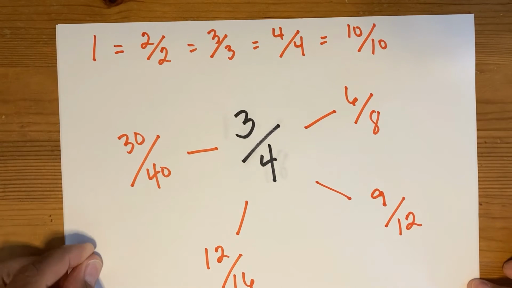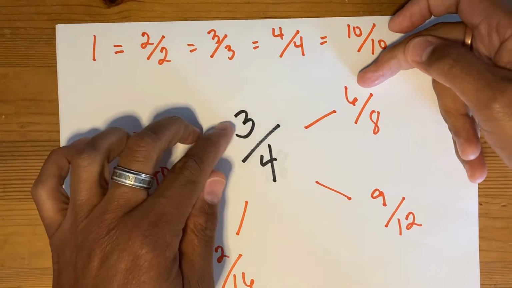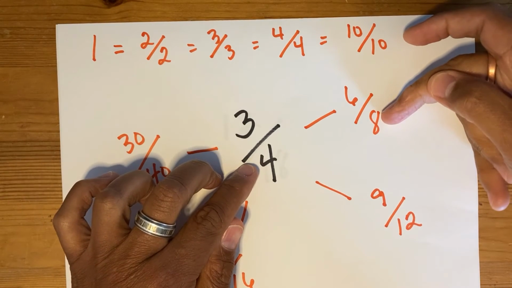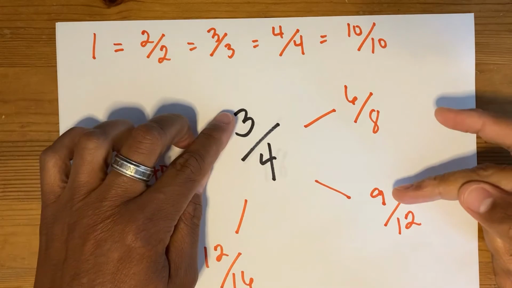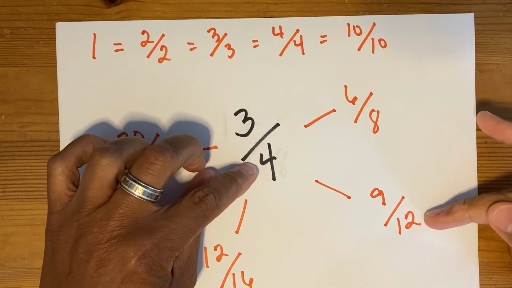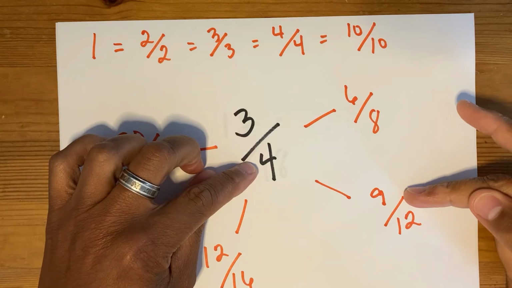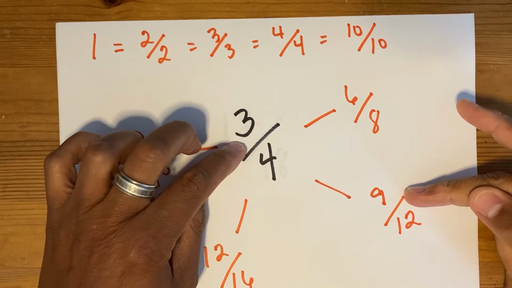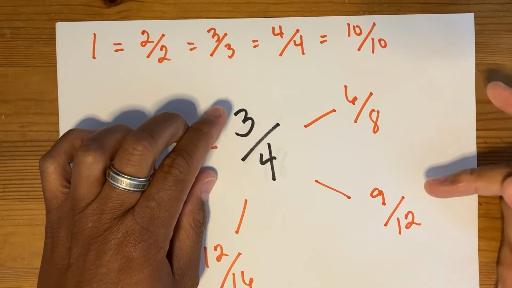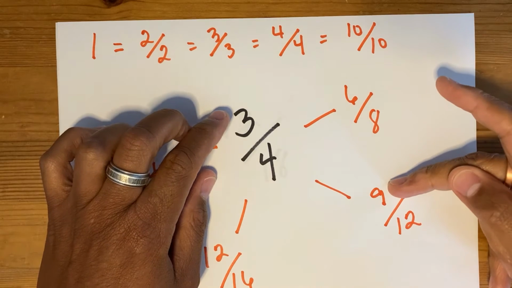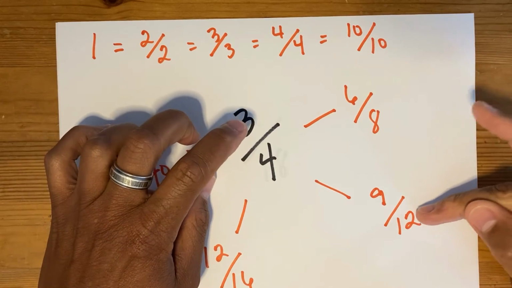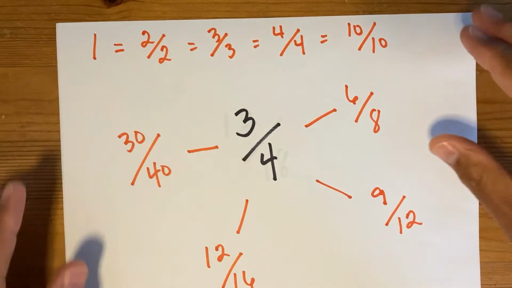Now, as I've been finding equivalent fractions, you've noticed that my numerator and denominator have gotten bigger, but the fraction is still the same. 3/4 is the same as 9/12, but this numerator 9 is bigger than 3, and the denominator 12 is also bigger than 4.